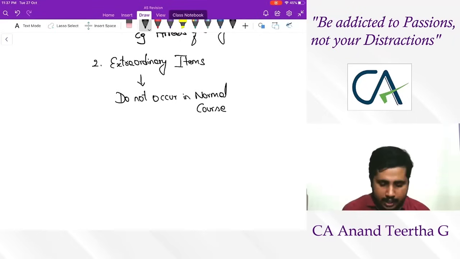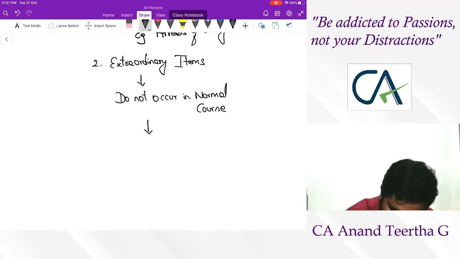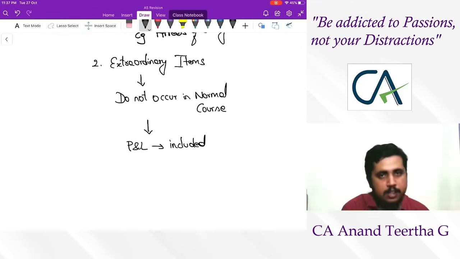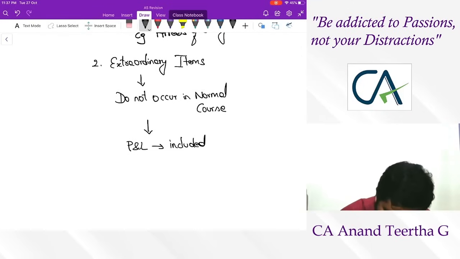Now, whenever there are extraordinary items, one, for P&L, it has to be included. It should be shown as a separate line item in P&L. That is number one. Second, it should be separately disclosed. What is separately disclosed? Nature and amount.